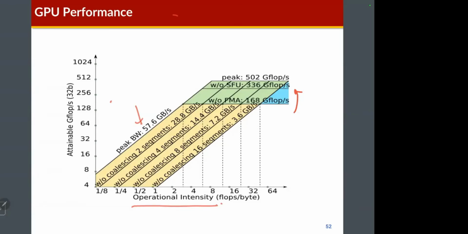Also, if we use some special function units, we can improve the performance of the computation part. So with the roofline model, we can explain how the performance can be improved by architectural solutions in the memory system or in the processor cores.